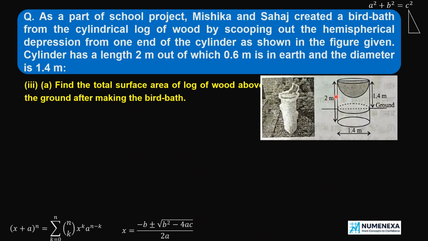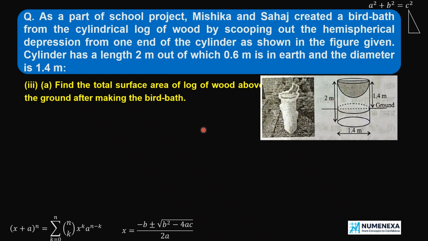So the height to be considered is the height of this part of the cylinder above the ground. Naturally, the total surface area of the log of wood will be equal to the curved surface area of the cylinder plus the surface area of the hemisphere.